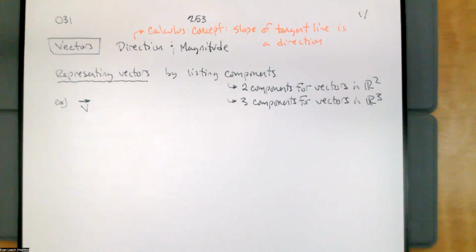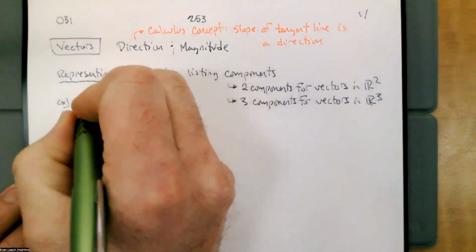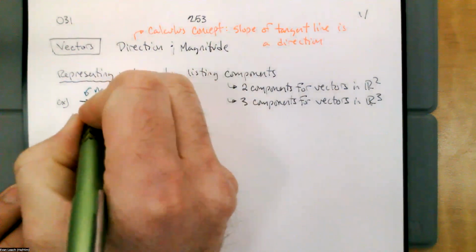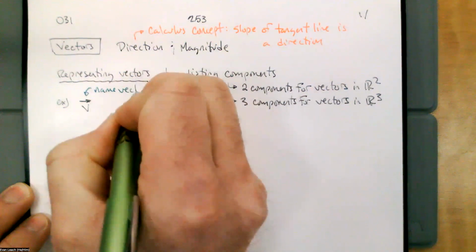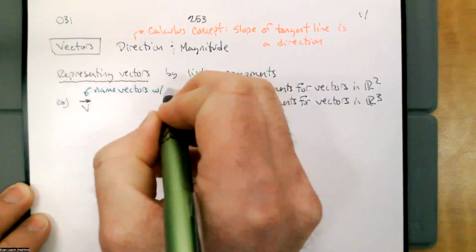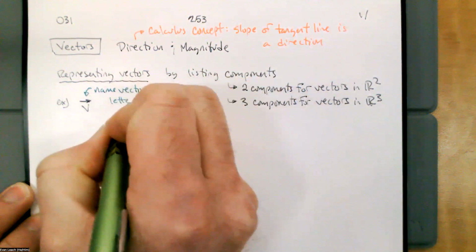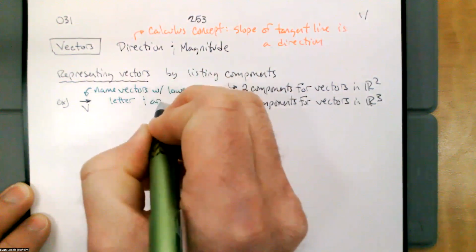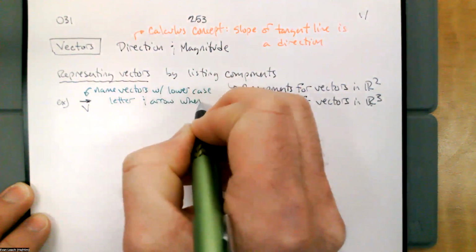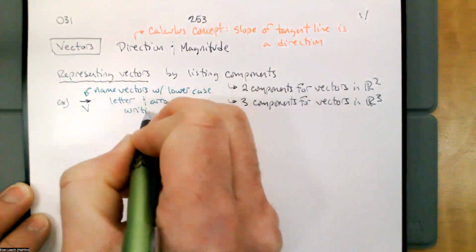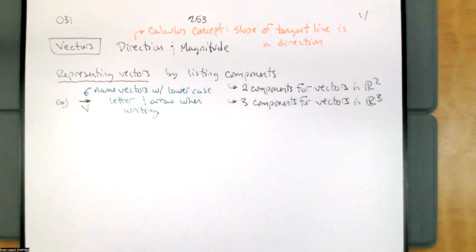So vectors get lowercase letter names, but with arrows on the top when we're writing them. We use a lowercase letter and an arrow when we're writing.